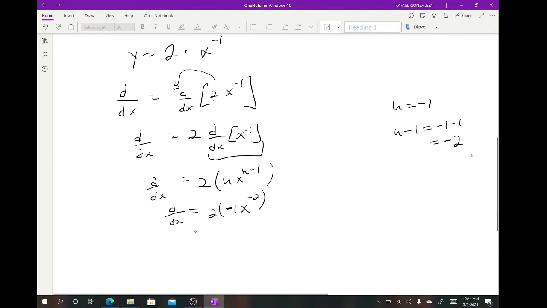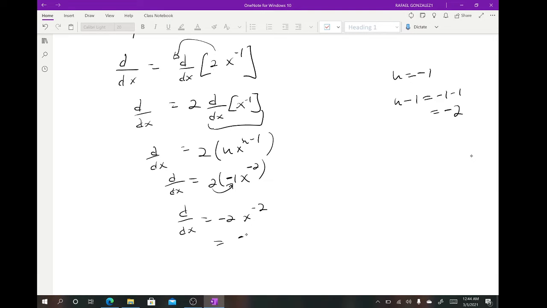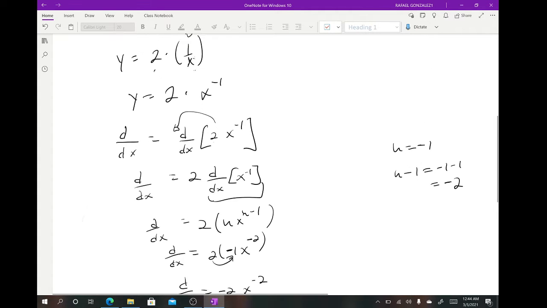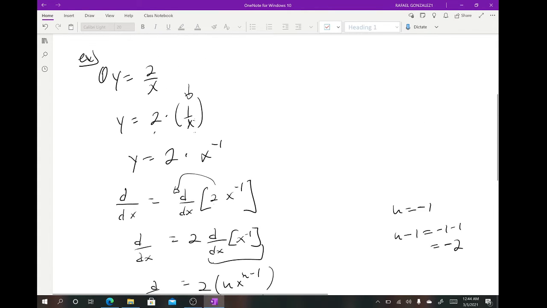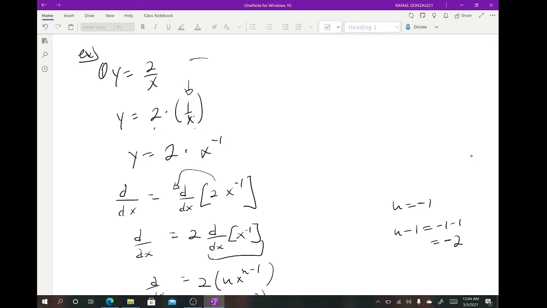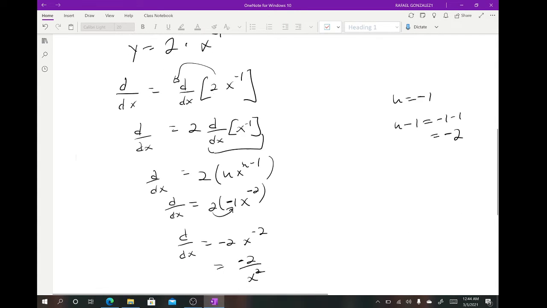And then when we distribute the 2, we have negative 2 x to the minus 2, and that's simply equal to negative 2 over x squared. It's not a square root. Sorry about that. And that is the derivative of y equals 2 over x.